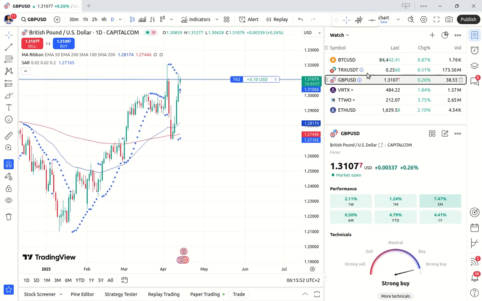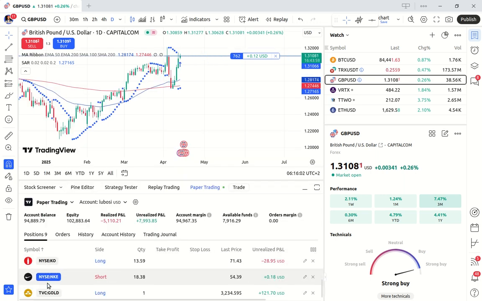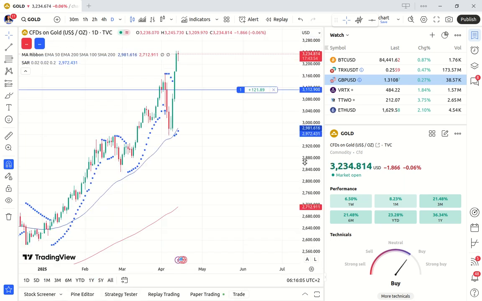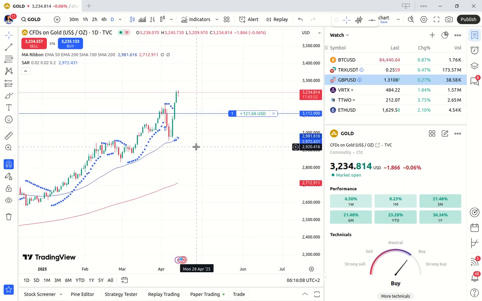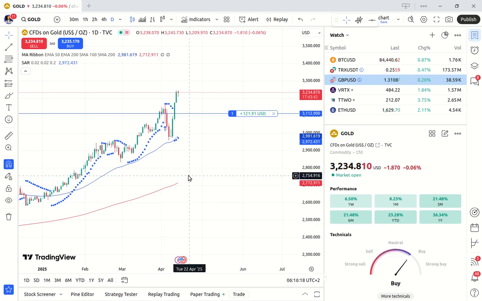It's working very well in the crypto market as well, because even in gold I used the same strategy. This is the same strategy we used in gold.